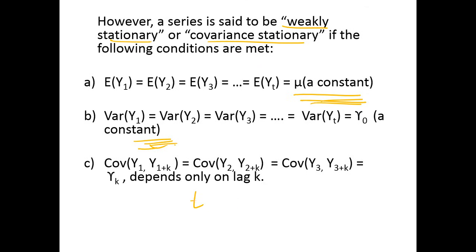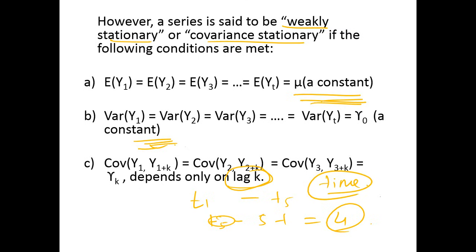That means t1, say t5, so if you subtract that, 5 minus 1, that is 4. That means the covariance of the series depends only on the lag k, but does not depend on time explicitly. It is called covariance stationary.